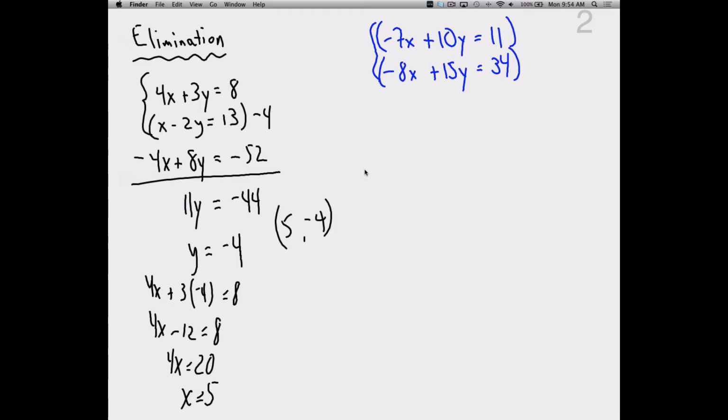Ashley, would you like to get rid of the x's or the y's? There's no wrong answer to that question. Or no, Axle. You want to eliminate the x's. Beautiful. What would you like to multiply the top equation by?